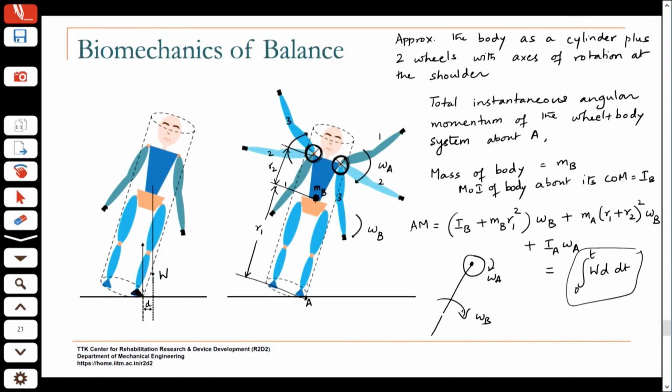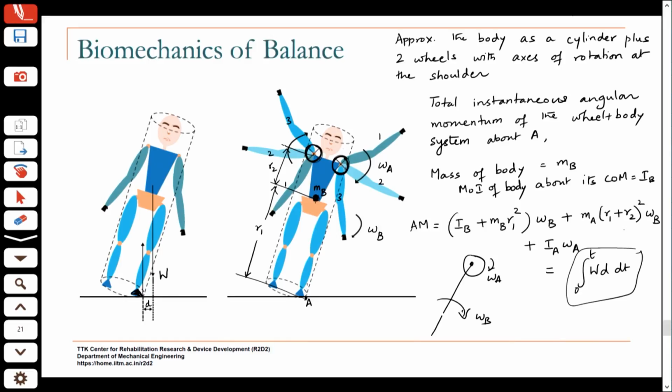And in fact, I have to keep increasing omega A because D is constantly increasing, so that omega B will become 0 when all the angular momentum goes to omega A. But even then there is a moment, and I actually now have to increase it even further to sort of go back. It is very instantaneous; you have to do it very quickly.